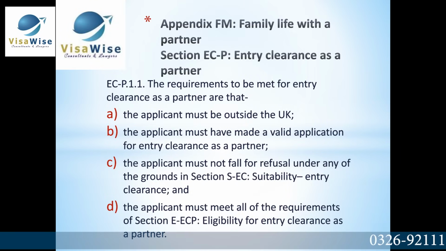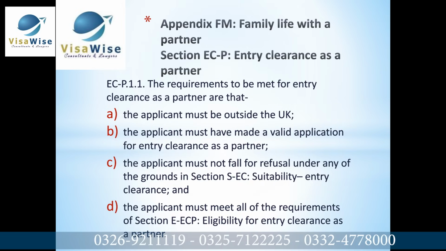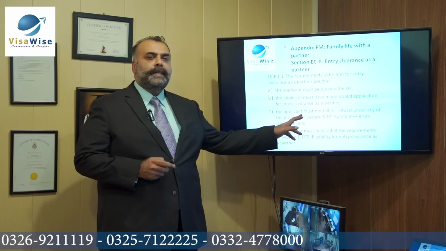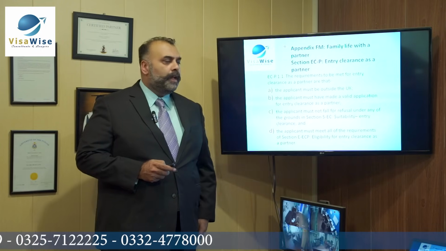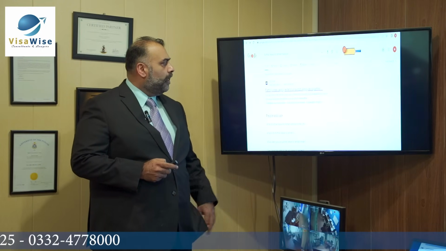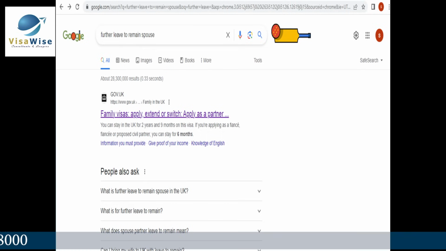The next point here is that the applicant must have made a valid application for entry clearance as a partner. So when they say valid application, you need to come to the relevant link that is provided on the Home Office website.